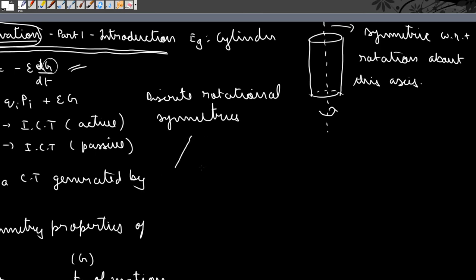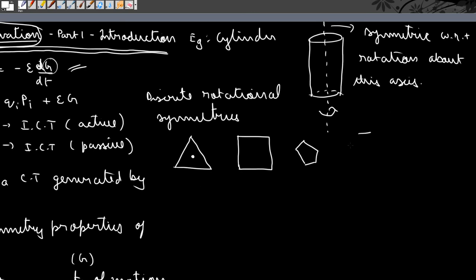If I take an equilateral triangle and I rotate it about an axis which passes through the center and is perpendicular to this plane, that is, to our board, then it will be symmetric only if we rotate it by 120 degrees. Okay, and similarly a square is symmetric if we rotate it by 90 degrees, and similarly a pentagon, something like this, where all sides must be equal, will be symmetric under rotation by 360 by 5 degrees.